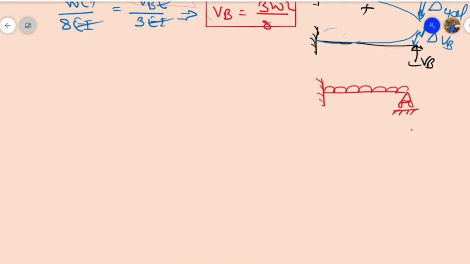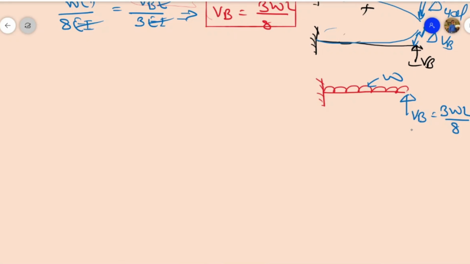I am removing this support, and in place of this support I am putting one vertical reaction VB equals 3W by 8. Now the support reaction is known, and the loading intensity W is known.